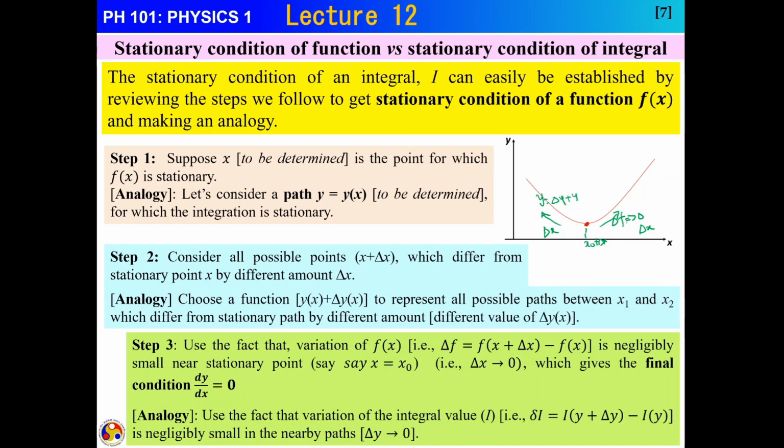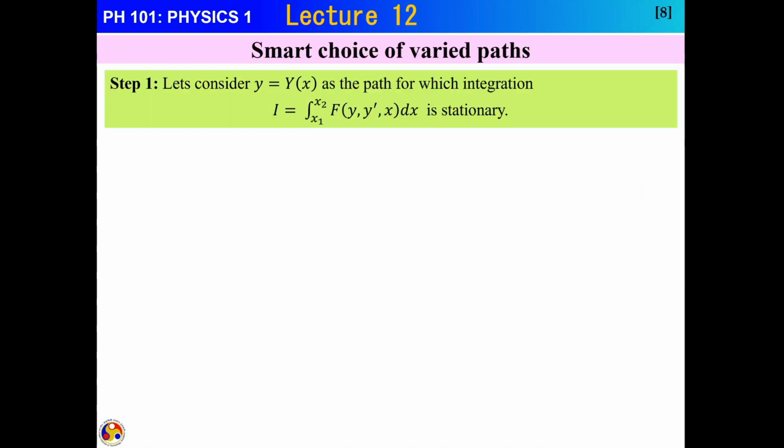Okay, these are the steps that you consider, but how can we visualize it? Let us take a smart choice of the varied path to understand it more clearly. So let's say this is your actual path for which the integration I is stationary. Now we are going to choose another path which is close to this path, or any other varied paths, which I believe might be my correct path, and see how they should be represented.